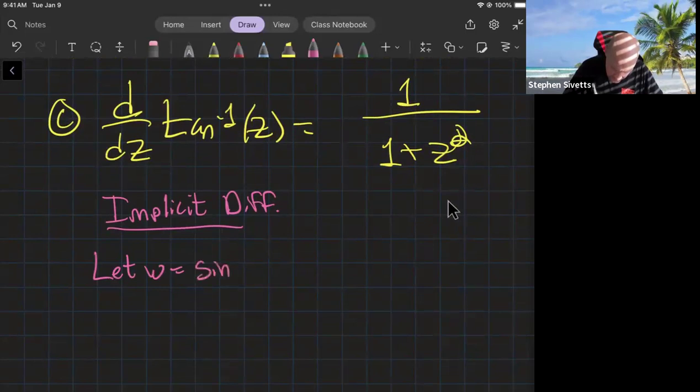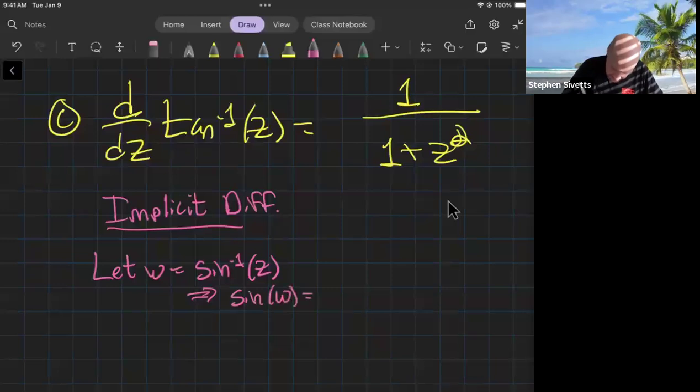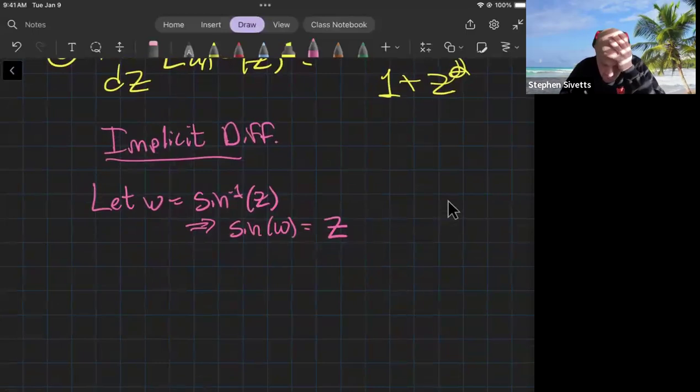So let w equal inverse sine of z. So that means sine of w is equal to z. And we're going to suppose w is a function of z, and we're just going to take the derivative of both sides.